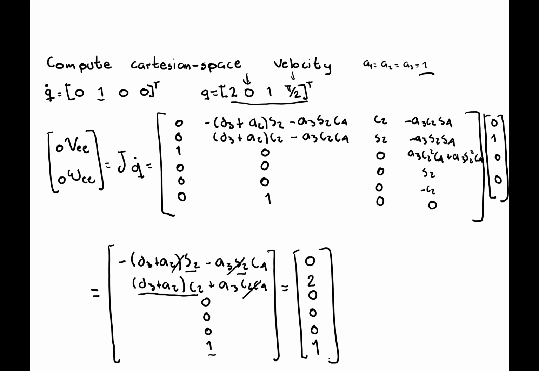Okay, and this is our vector of, let's put a red color to it, our joint velocities. Now let's check if this makes sense.